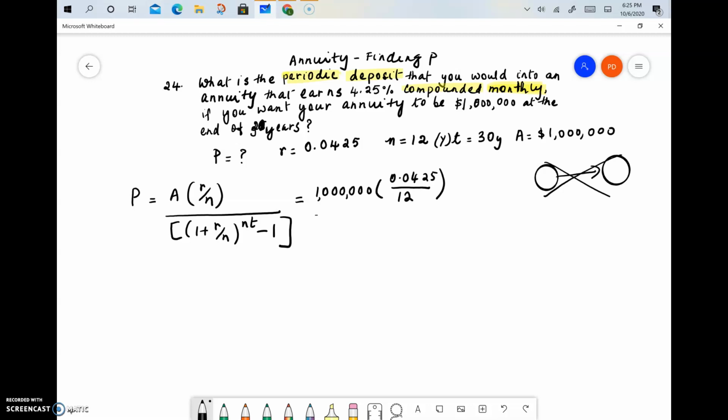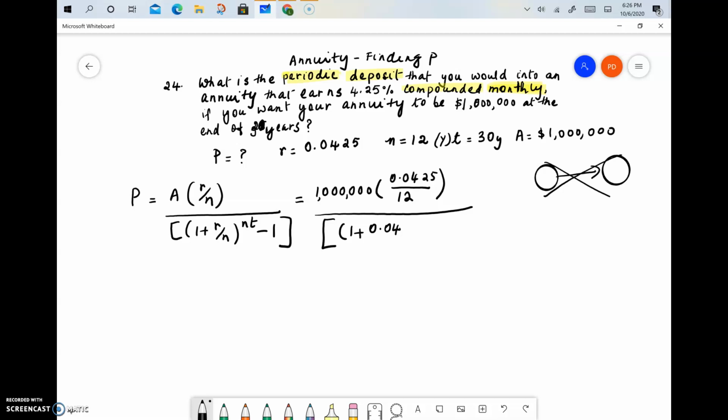So in these problems, if N, the number of times it's compounded, is 12, then what it means is that the interest is being compounded monthly, and the number of payments will also be equal to 12. So the number of payments is equal to the number of times the interest is compounded.